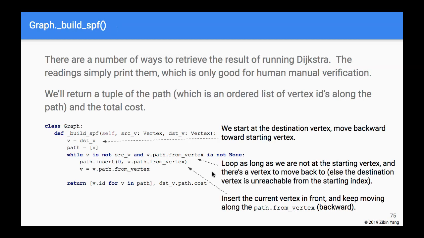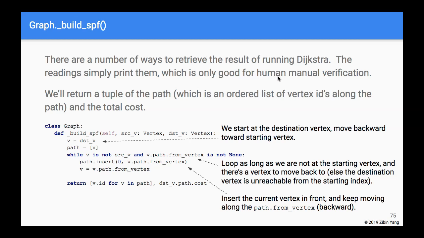Now, as to how to retrieve the result of running Dijkstra, there are several choices. The approach used in the readings is simply to print them out, but as I said many times, printing out is only good when humans want to look at it.